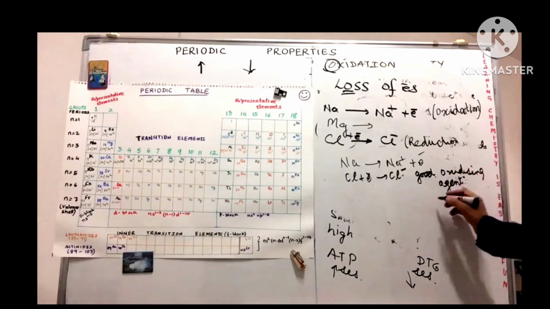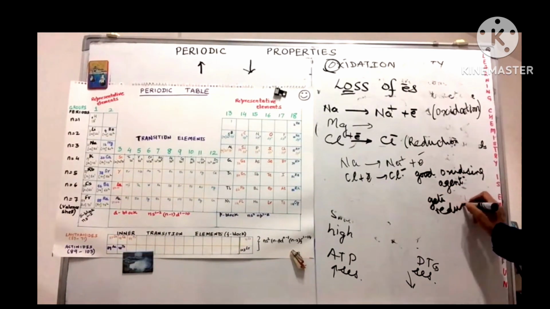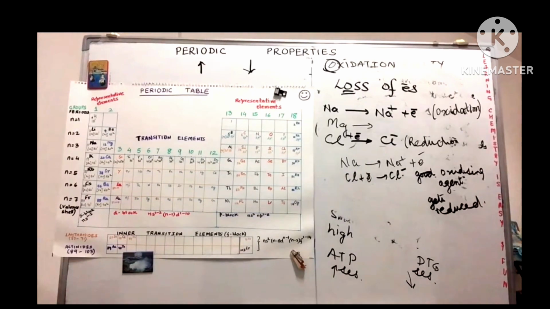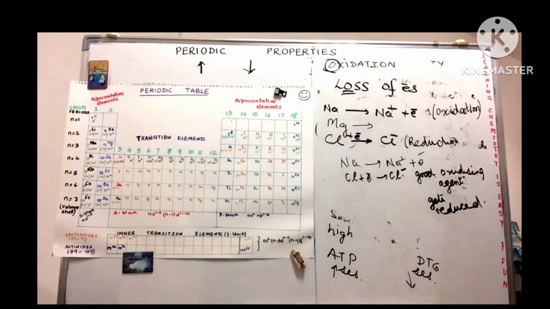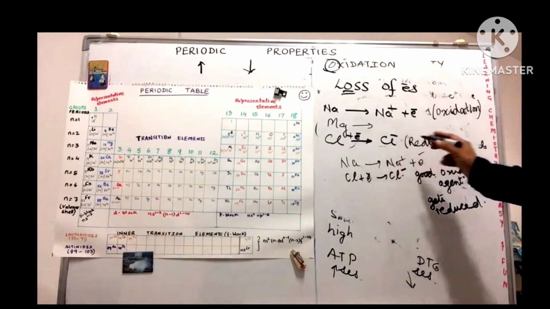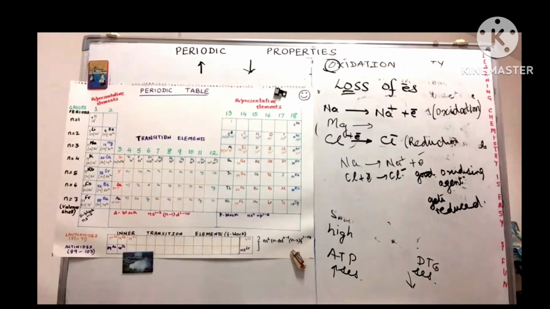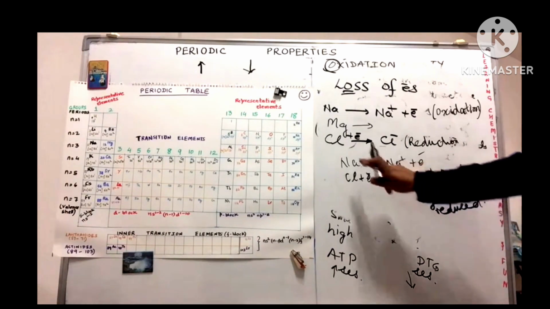A good oxidizing agent gets reduced. On the other hand, sodium is giving electrons to chlorine. So in other words, sodium is acting as a reducing agent. Does that make it clear?